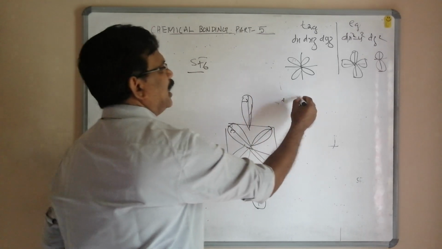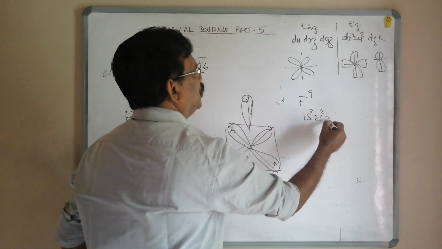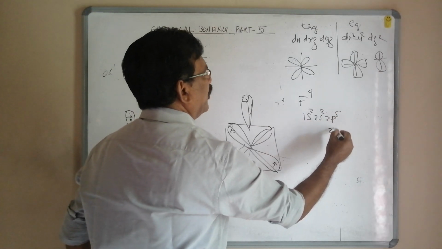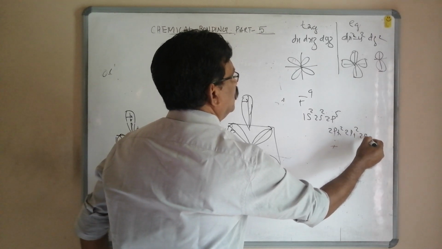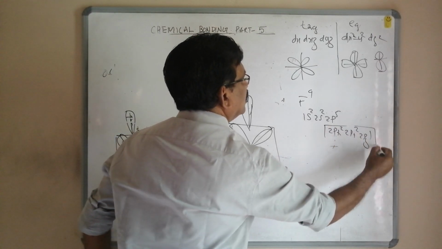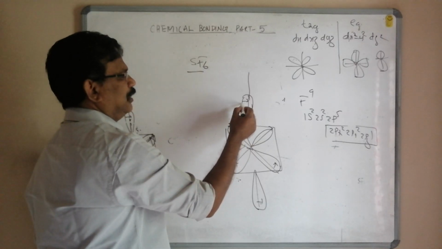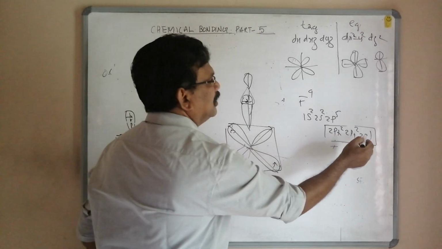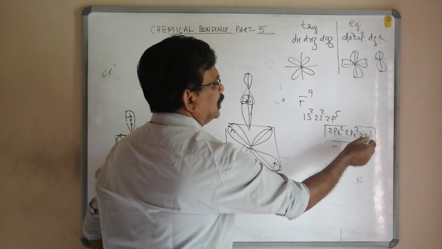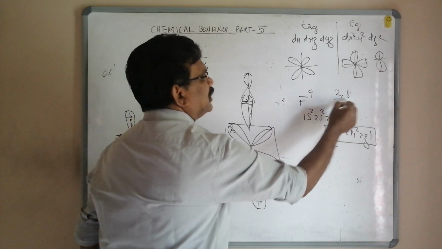So fluorine, the incoming atom, atomic number 9, configuration 1s2, 2s2, 2p5. 2p5 means 2px2, 2py2, 2pz1. So the half-filled orbital 2pz1 will overlap here with its electron, and it also becomes fully filled. When this becomes 2, the number of electrons becomes 10, and the configuration becomes 2,8, that of neon.